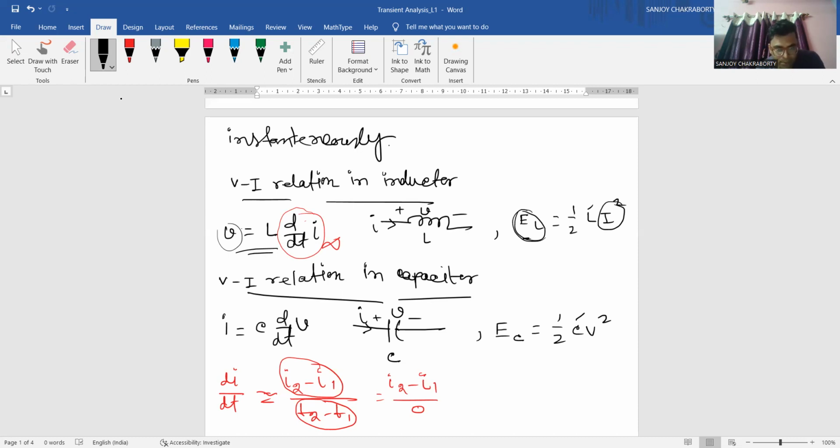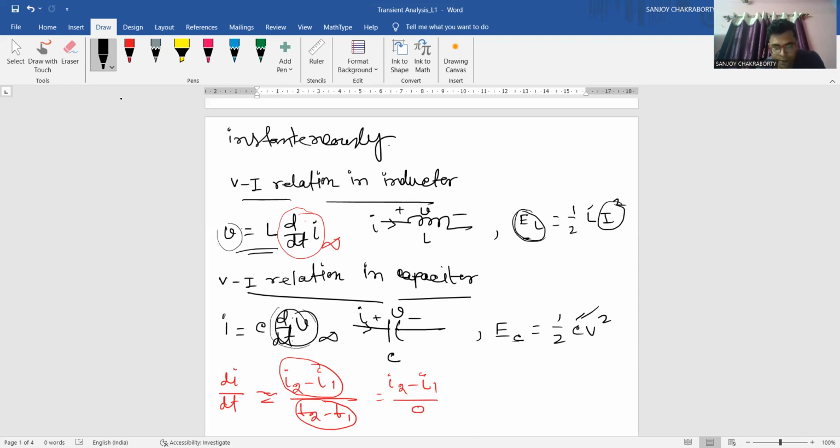The same concept applies for capacitor also. Energy of capacitor is proportional to voltage, because C is constant. If voltage across capacitor needs to change instantaneously, then dV/dt will become infinity. That means to change voltage across a capacitor instantaneously, we need a current of infinite value, which is practically not possible.